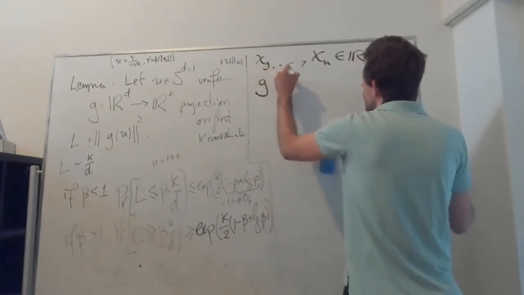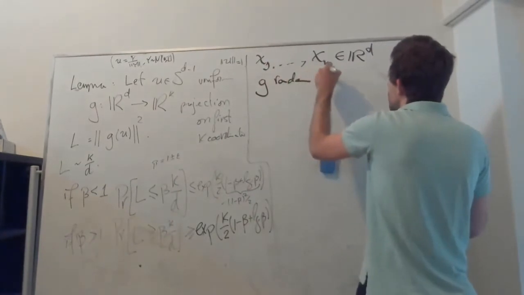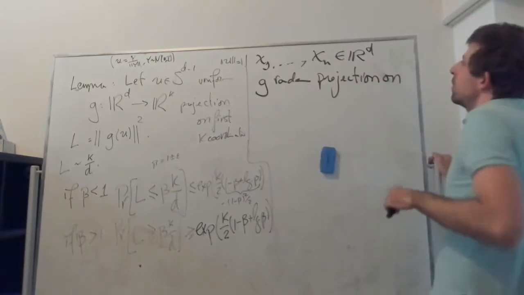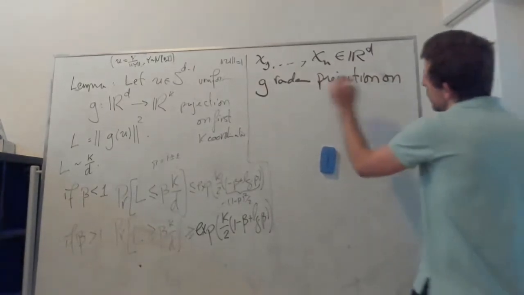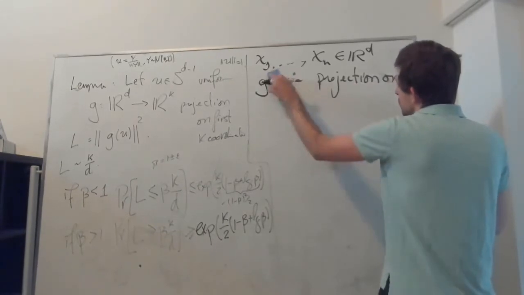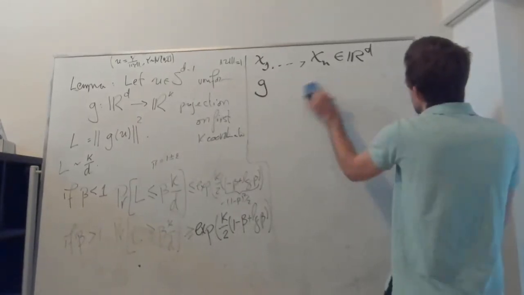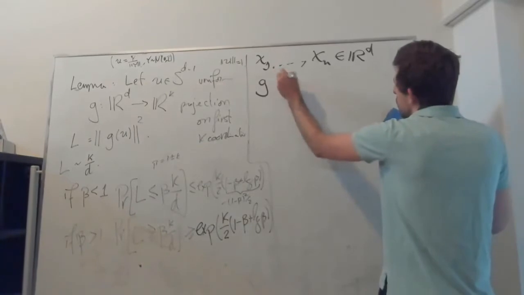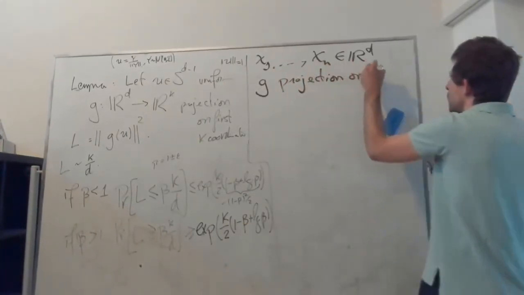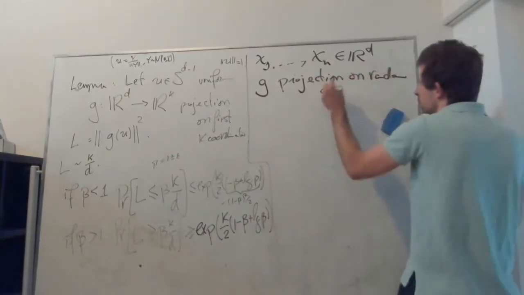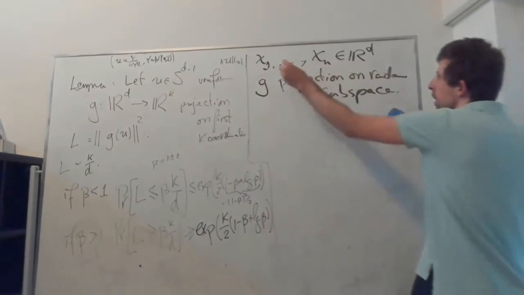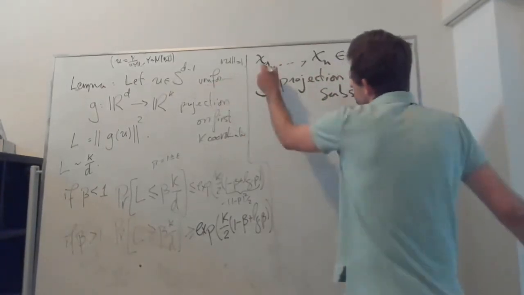G will be a projection on a random subspace. I should say G prime, just because this one is fixed.